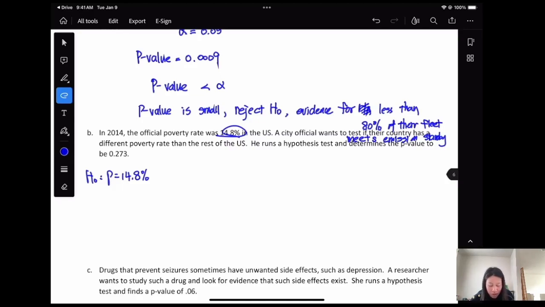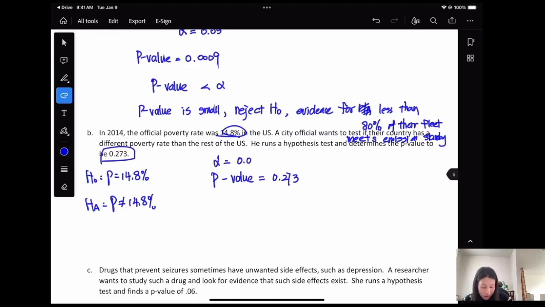He runs the hypothesis test, and in this case the p-value has already been multiplied by 2 for you. So we got our p-value equal to 0.073, and our alpha is still a 5% significance level. If they don't say, we assume the default is always 5%.